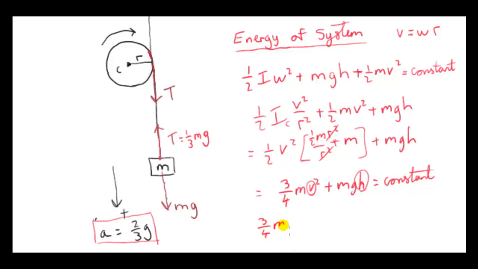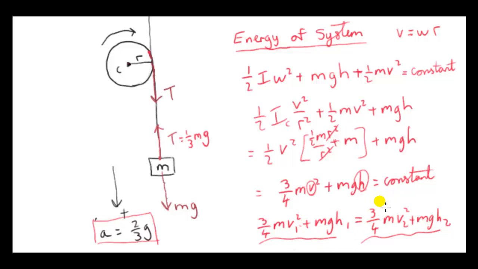If we know the speed at one instant, say at one instant the speed is v1 and the corresponding height is h1, then because this thing doesn't change, at another instant when the speed is v2 and the height is h2, this quantity has the same value as this quantity. They're both equal to the same constant, which would be the total energy at the start of the motion, if you like, or at the end of the motion.